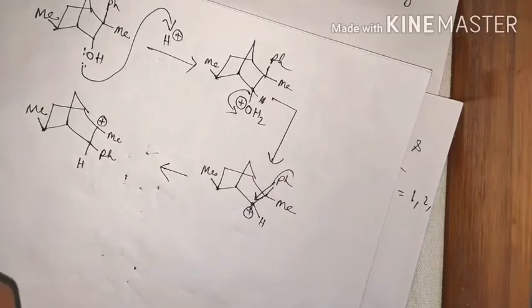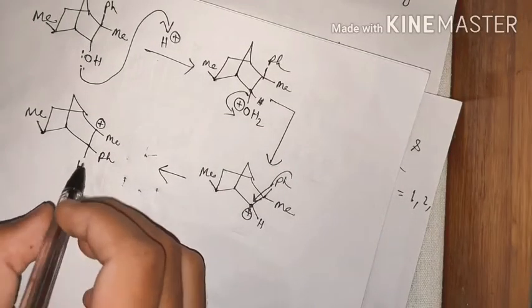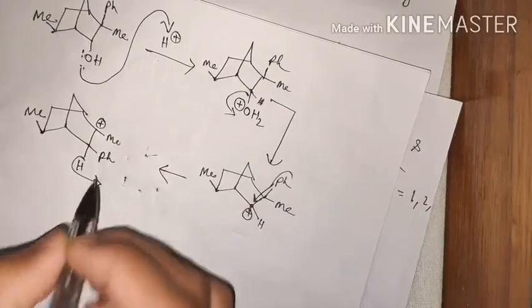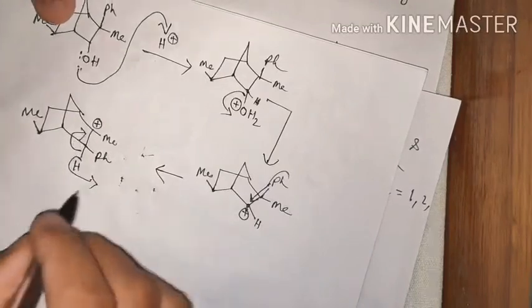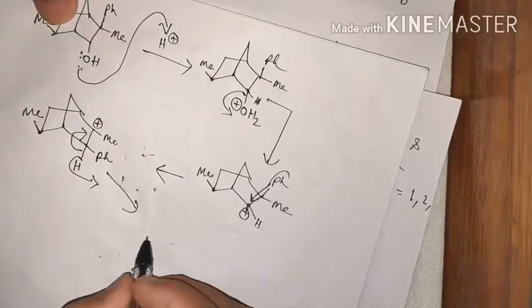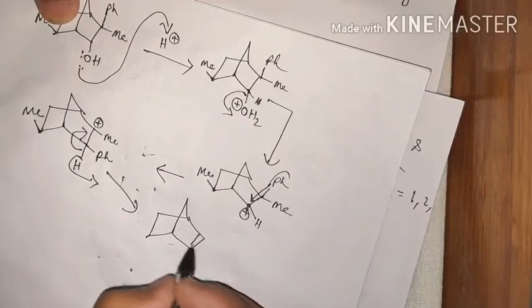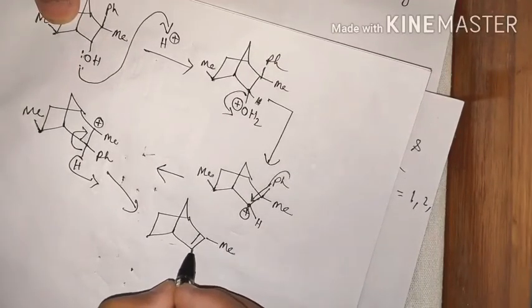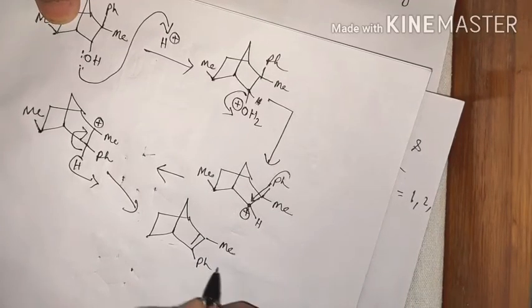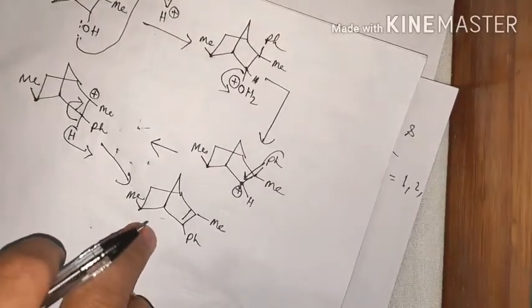So as soon as hydrogen is eliminated, this bond will make a double bond. Then we are going to see this type of product.